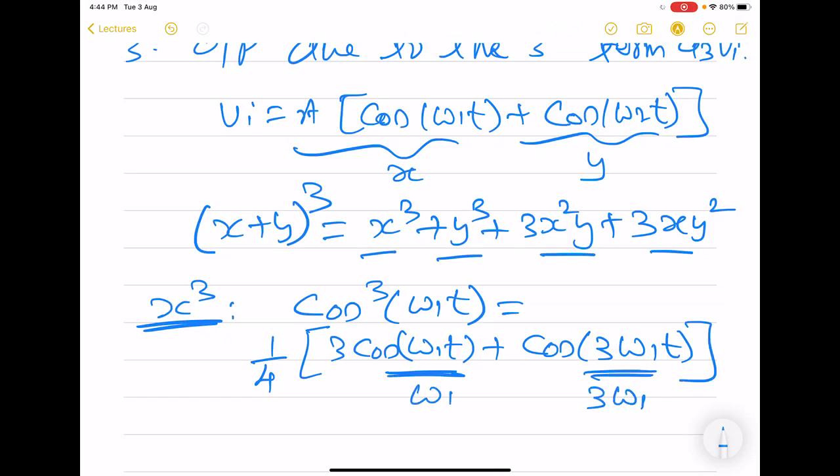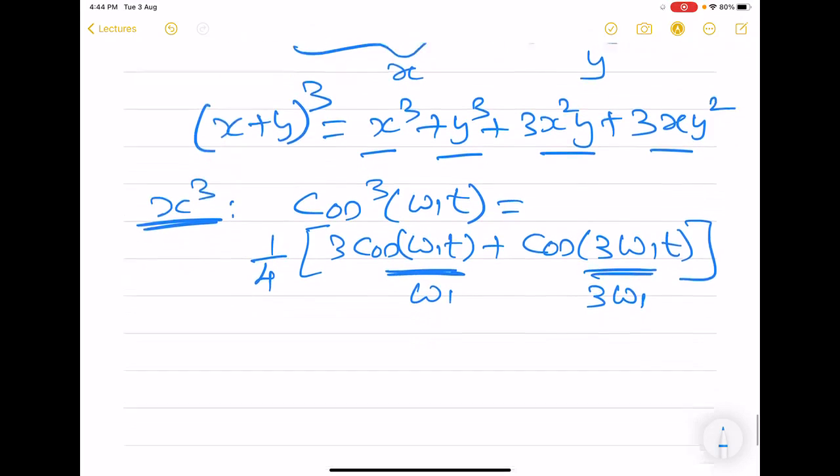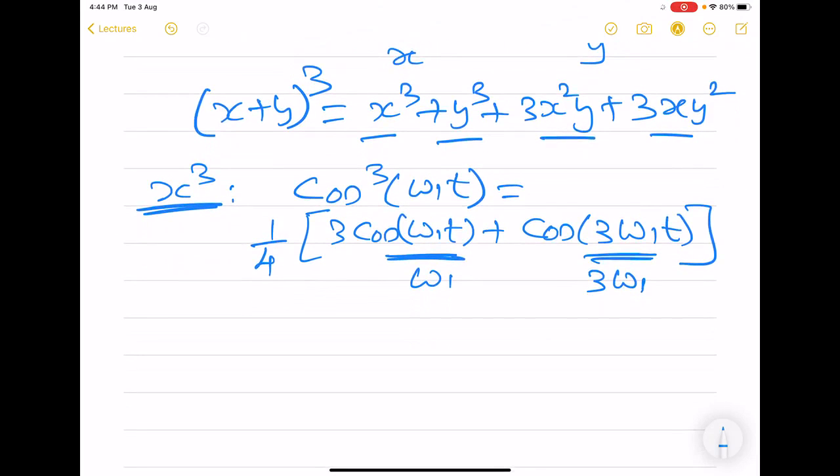So this cubic term gives rise to the fundamental and the third harmonic. Similarly, for the omega 2t, we will get two terms. Now, what about the second, third, and fourth term, where both cos omega 1 and cos omega 2 will be involved?